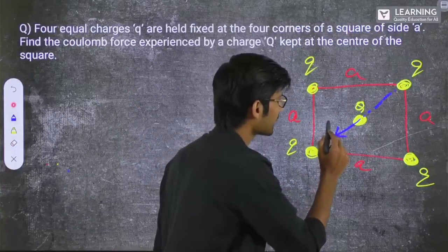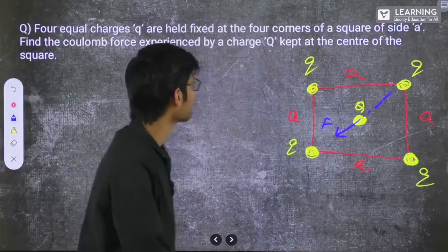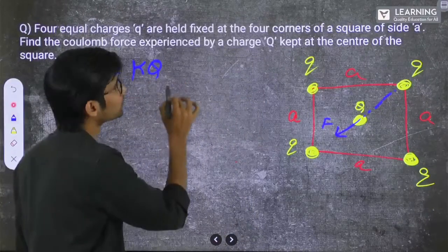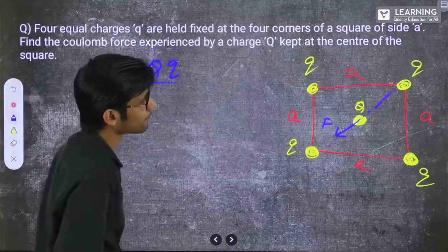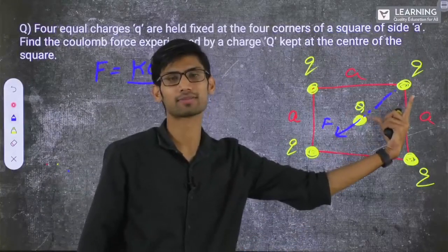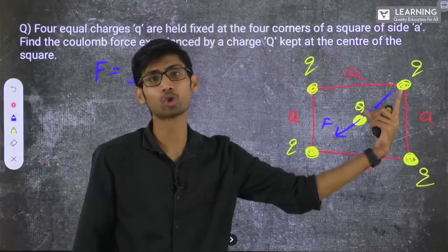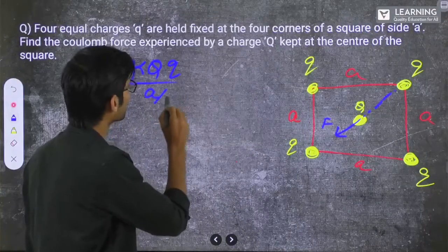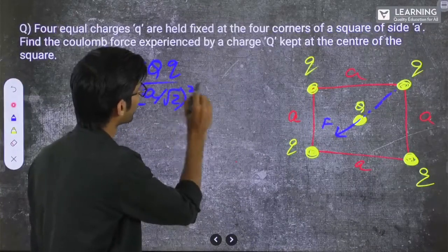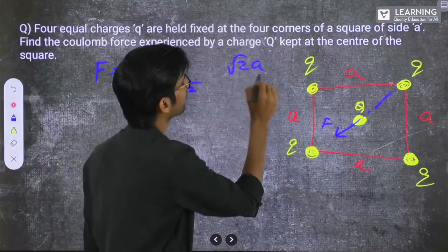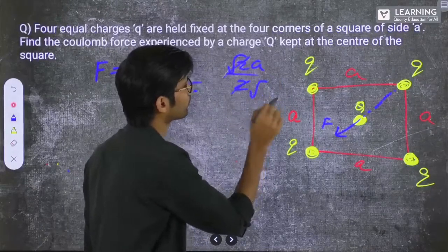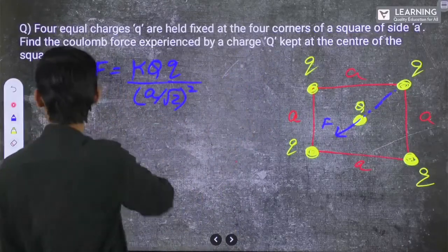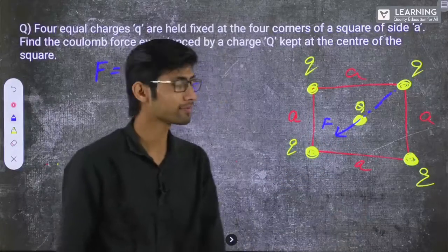Let's say F. Now the value of this F is KQ squared by this distance. How much is this distance? Half of the diagonal. Diagonal is root 2 a. Half of that is a by root 2, so a by root 2 whole square. Correct? Root 2 a divided by 2, root 2 will come. Simple. So this is the force value of F.